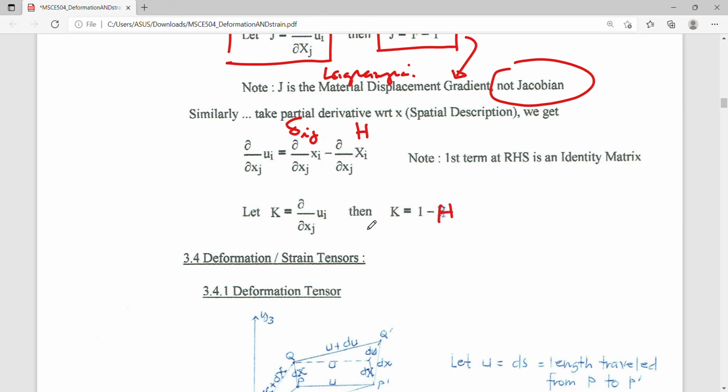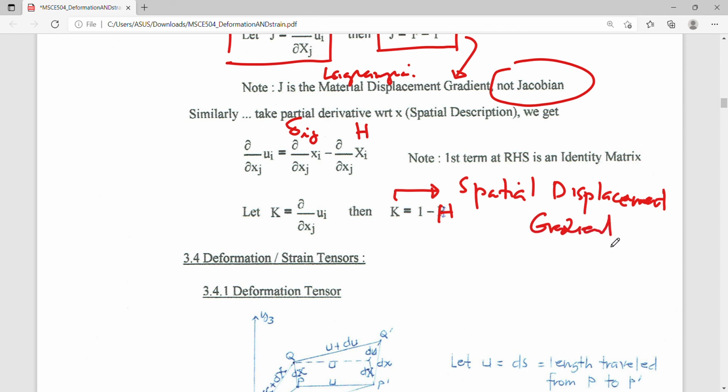And you call this now what? So if J is the material displacement gradient, this is now the spatial displacement gradient, or simply an Eulerian description.